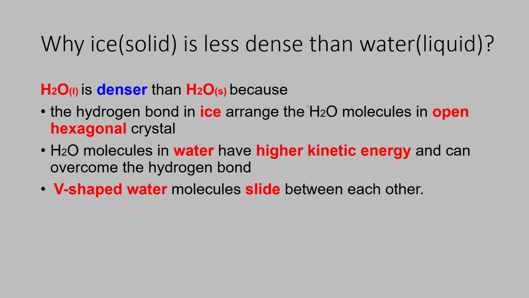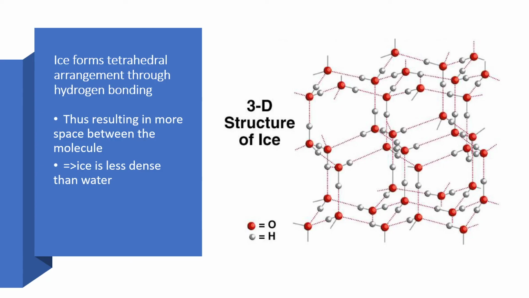Okay, ais terapung dalam air sebab those H2O, ingat tak saya cakap dia boleh buat dua hydrogen bonding. Okay, it creates a hexagonal crystal. Dia buat, you punya ais tu is actually a type of crystal where dia ada banyak empty spaces. So nampak this empty spaces.